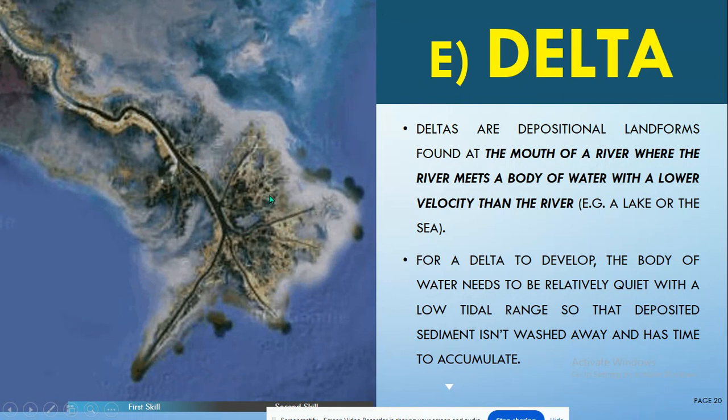At its mouth, it is widened, and it has some different channels when a river is emptying into the main water body. These are called distributaries.